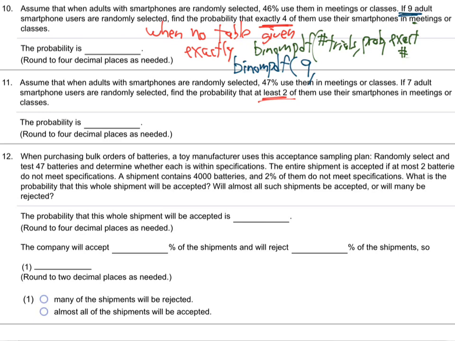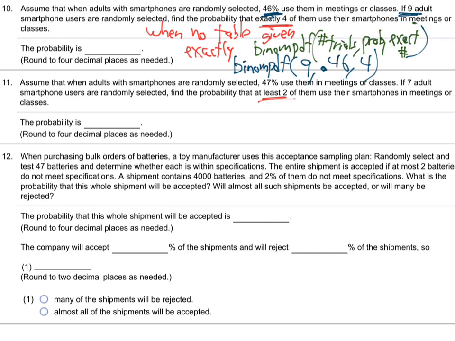And what's the probability for each one? 46%, so 0.46. And what's the exact number that you want? 4. We want exactly 4. So put that into your calculator. Yeah, 4 decimals. Whoops, I did the wrong thing.